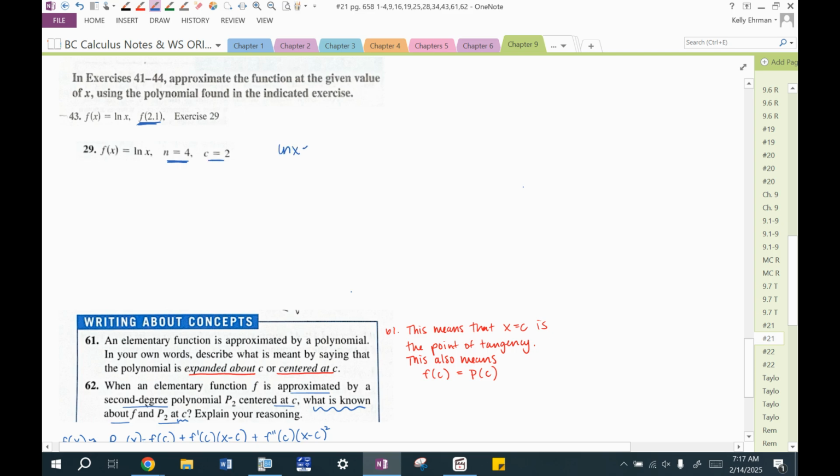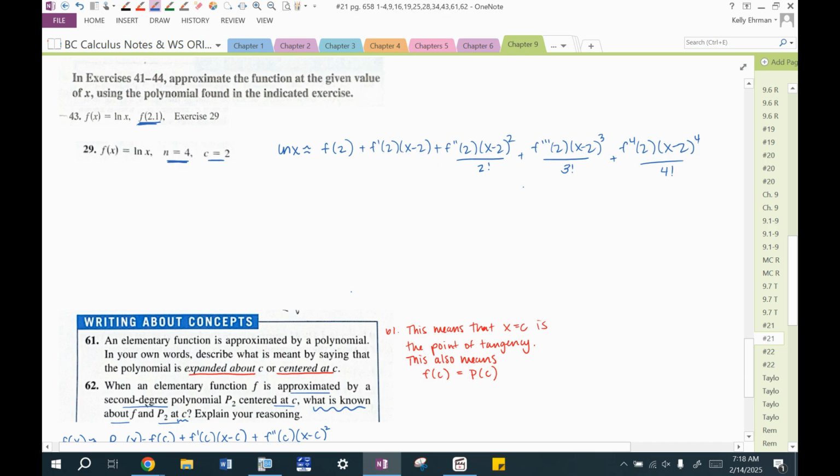So ln x is approximately equal to f of 2, that's the center, f of 2 plus f prime of 2 times x minus 2 plus f double prime of 2 times x minus 2 squared over 2 factorial plus f triple prime of 2 times x minus 2 cubed over 3 factorial plus the fourth derivative at 2 times x minus 2 to the fourth over 4 factorial.